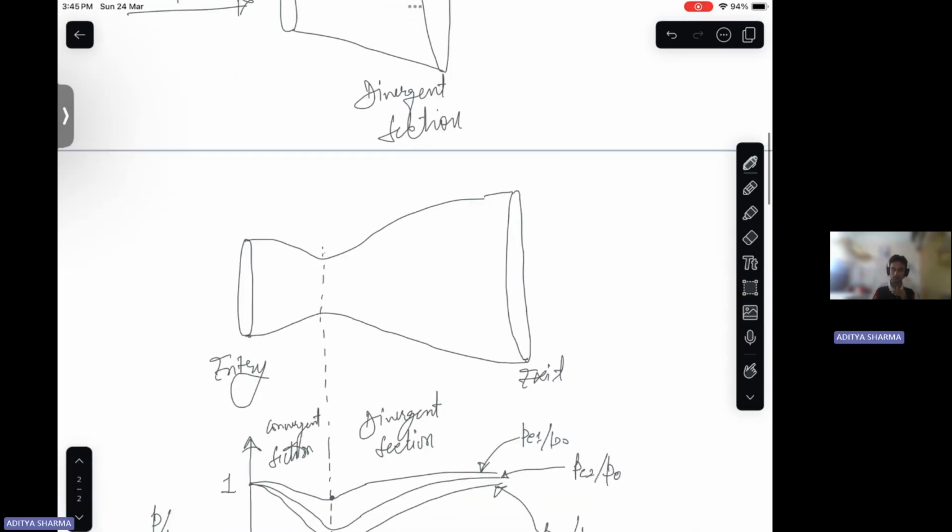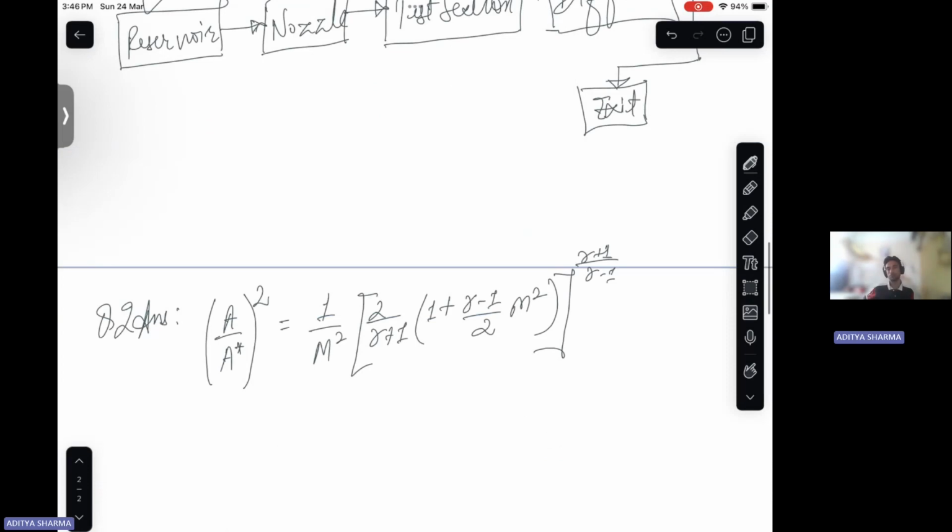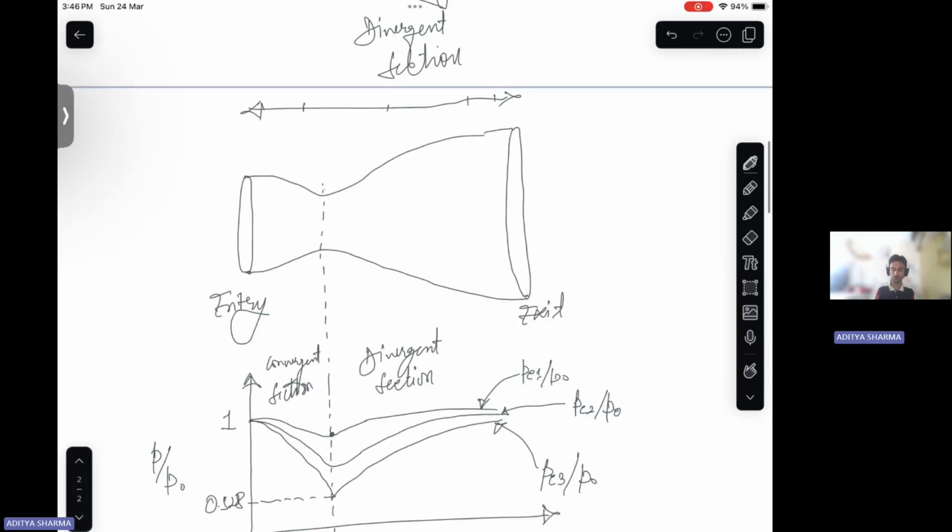So if this is a nozzle, at some location, maybe here or here or here, this is area A, and A star is the area at the throat, these dotted lines.